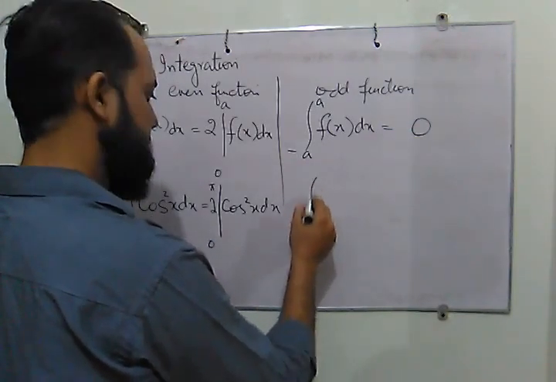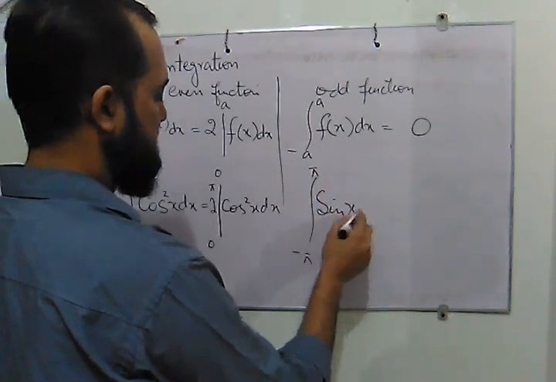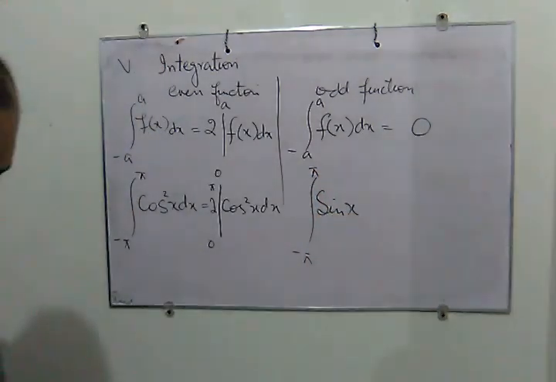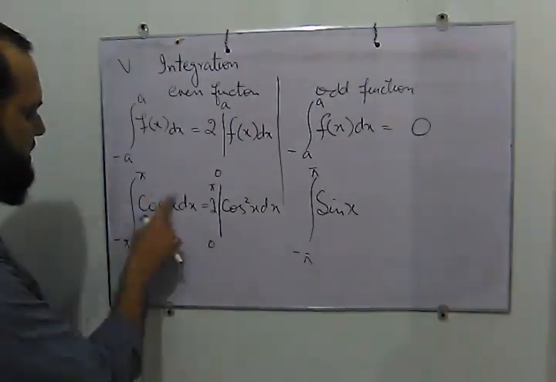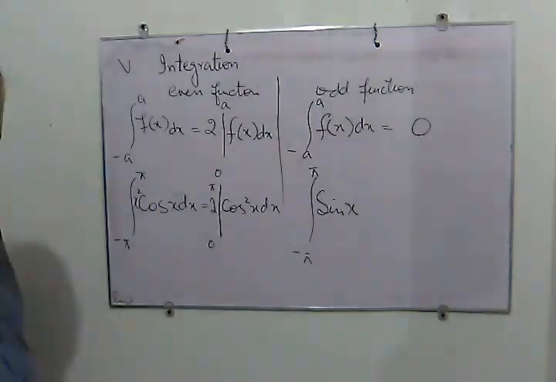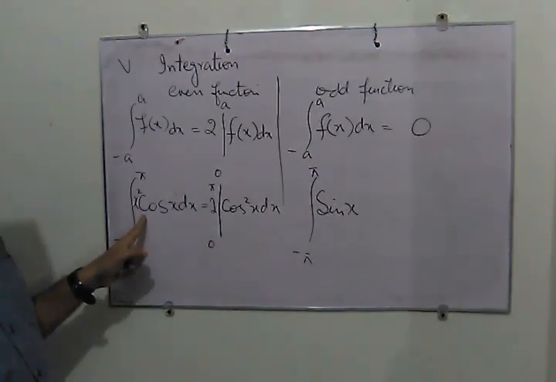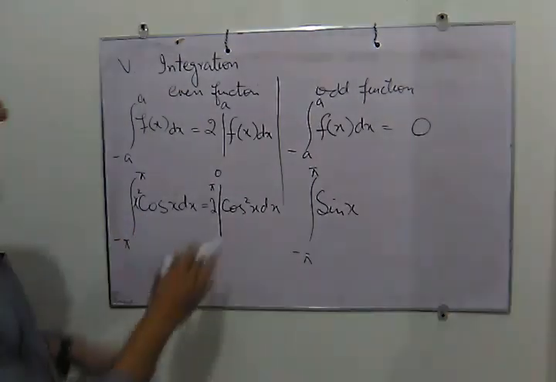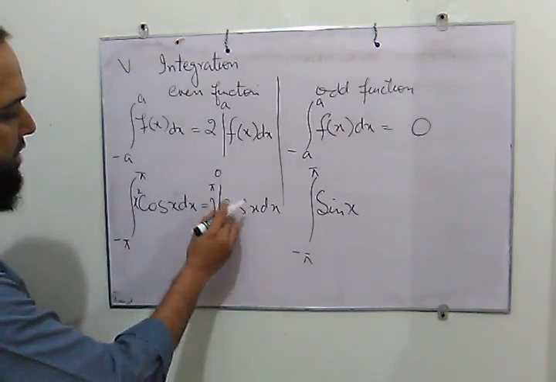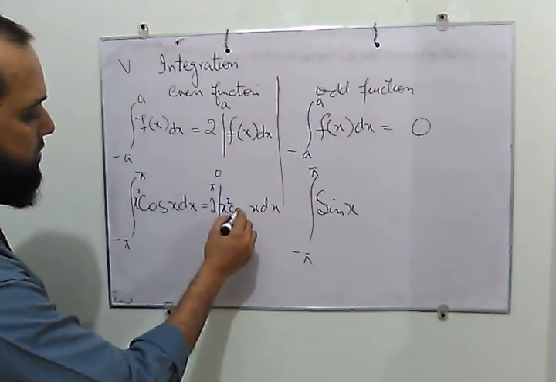For example, minus pi to pi, sorry, this is x square cos x. Because both are even functions, the product of both is also an even function, and if we integrate it over the half range, then we get twice the integral.